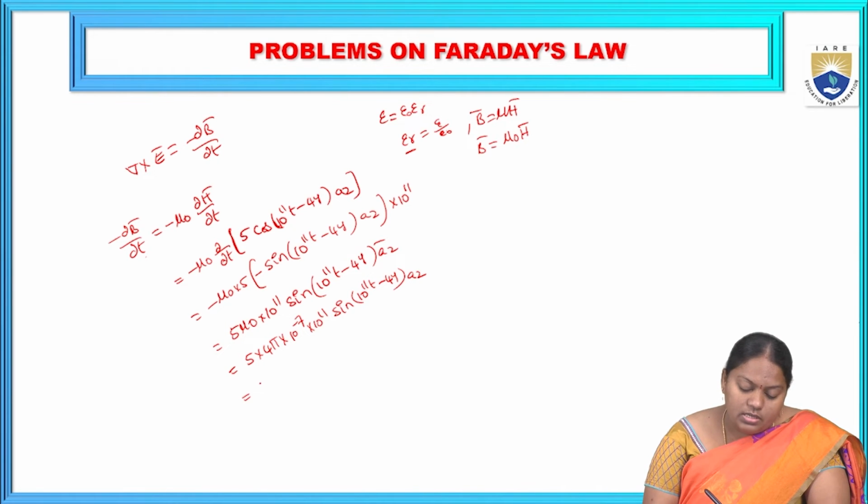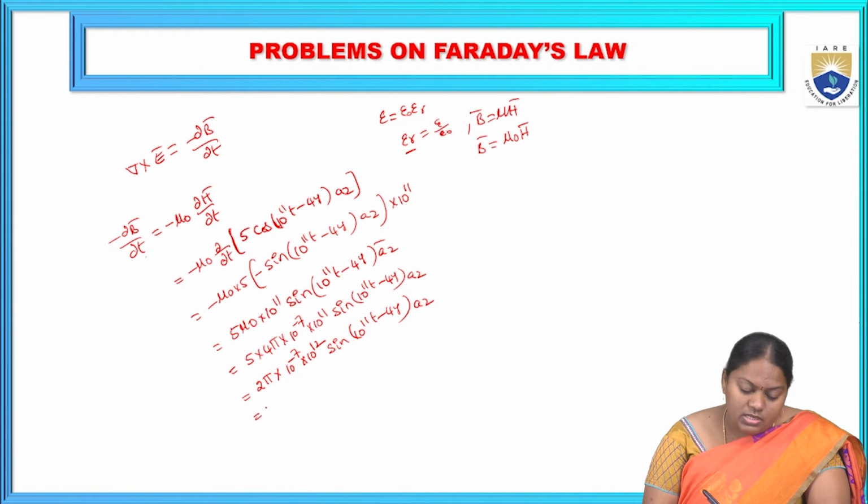So 4 into 5 is 20, then 2 pi into 10^-7 into 10^12. Here you get one extra 10, and that 10 into 10^11 becomes 10^12. Then sine(10^11 t − 4y) into az.